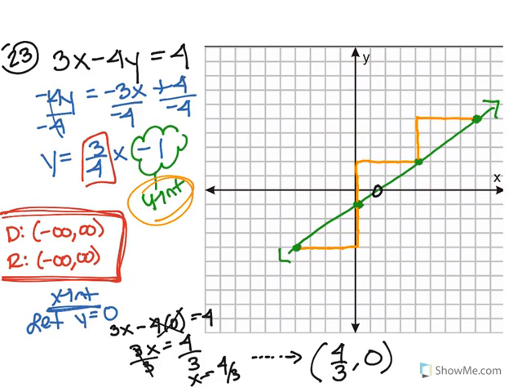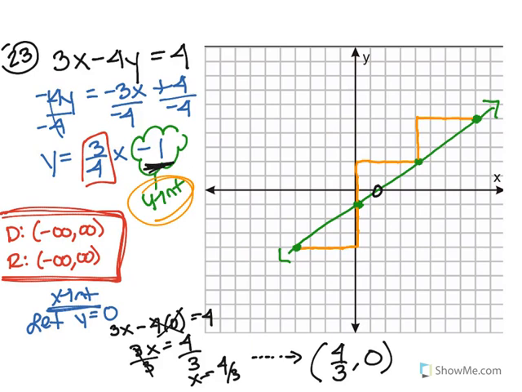I just don't want you to use that as one of your points because it is a fraction. But I do want you to be able to find that x-intercept if I ask it on a test, and that's simply letting the y be 0. I could do the same thing to find the y-intercept: I would let x be 0, and I would come up with -1.